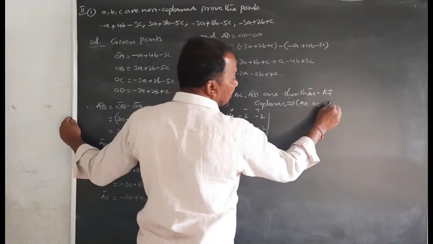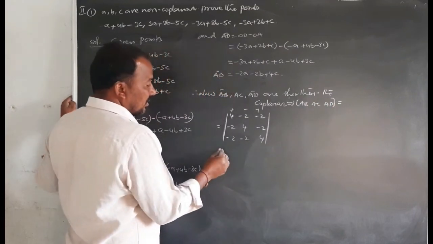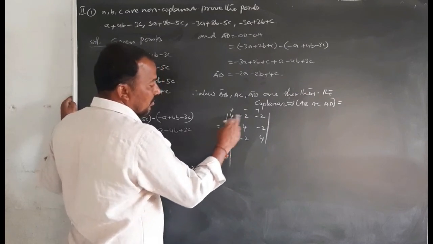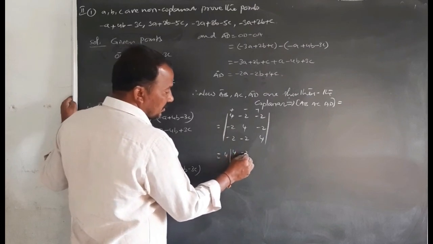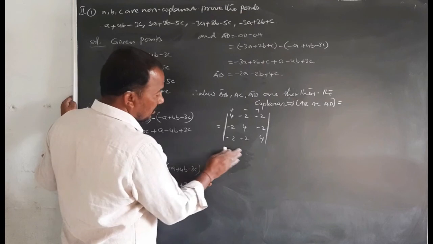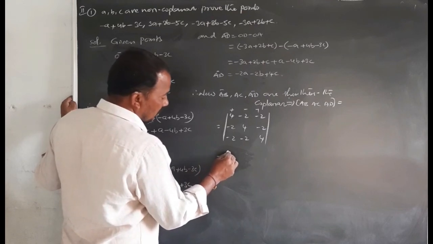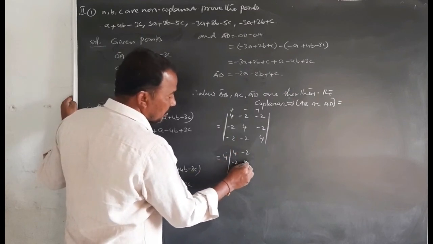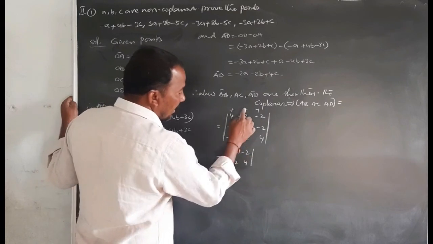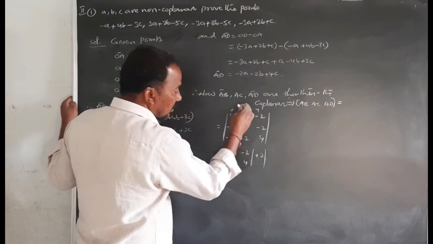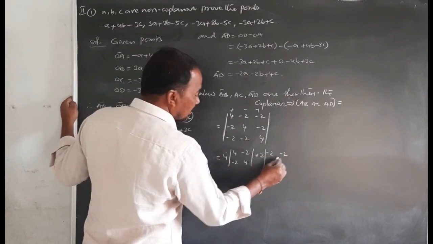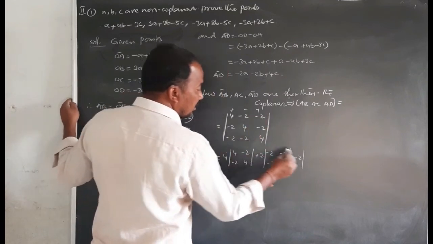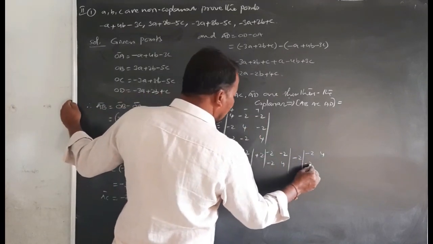The box product of AB, AC, AD equals plus 4 into the determinant after deleting the column and row: 4, minus 2, minus 2, 4, minus of minus 2 into the determinant of minus 2, minus 2, minus 2, 4, plus of minus 2 into the determinant of minus 2, 4, minus 2, minus 2.